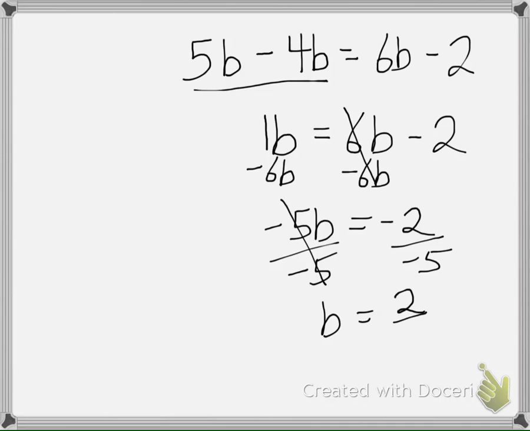Since this doesn't come out to be a whole number, because 2 is obviously not divisible by 5, you can leave it as a fraction, 2/5, or you could divide it out as a decimal and get 4/10 as a decimal. So, all right.